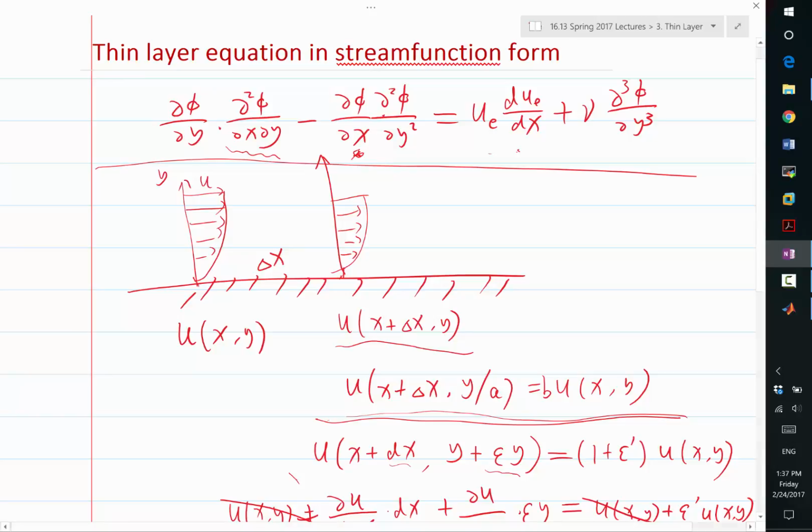So for Blasius, this is 0. We'll look at Falkner-Skan, which this is non-zero. And we can actually derive what kind of U_e it has to be for us to get a self-similar solution. There cannot be anything other than Blasius or Falkner-Skan. So Falkner-Skan is the most general self-similar solution you can get out of this equation for a wall boundary condition.